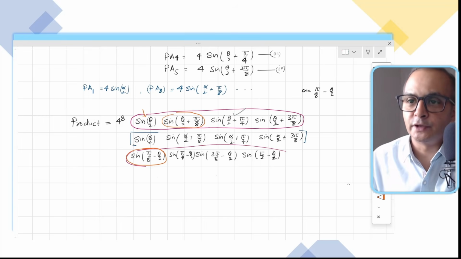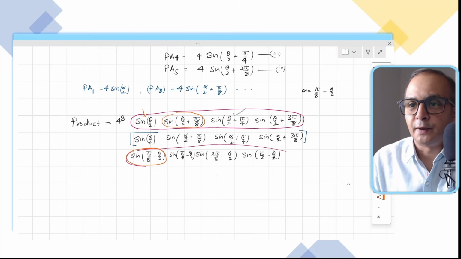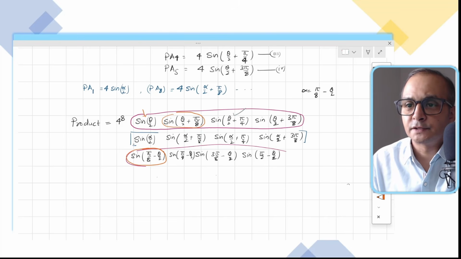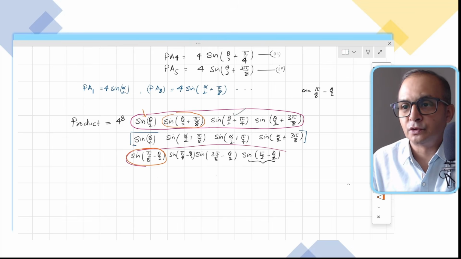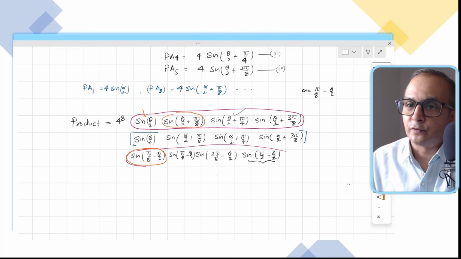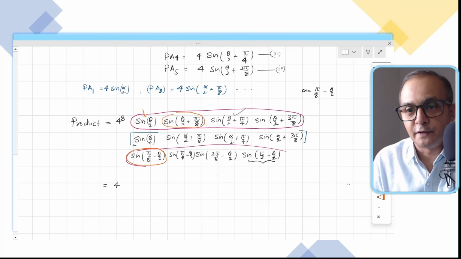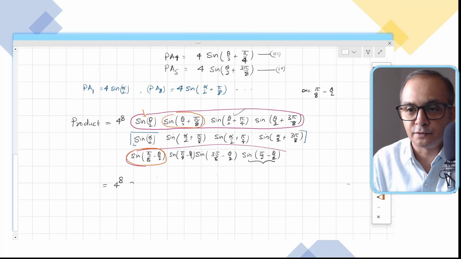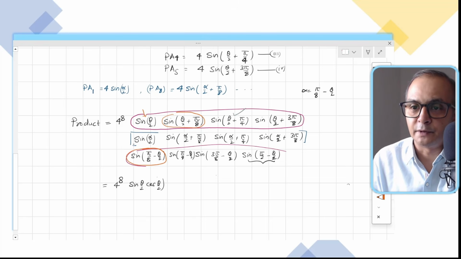What I'm going to do is multiply this value sine theta by 2, and that will become cos theta by 2. So I'm combining this term sine theta by 2 with this term, and of course that will give you 4 to the power 8, sine theta by 2 into cos theta by 2. Let me write it first.